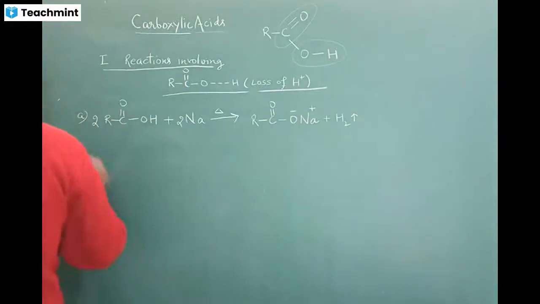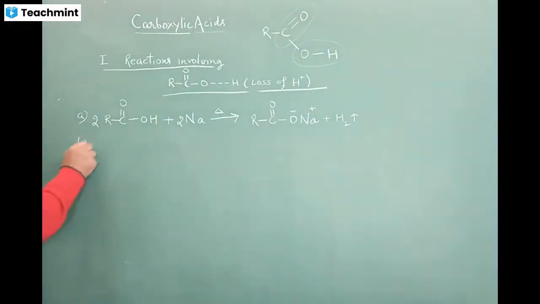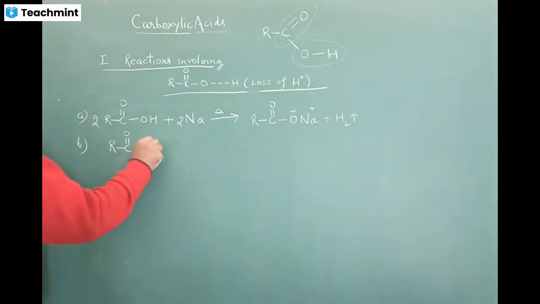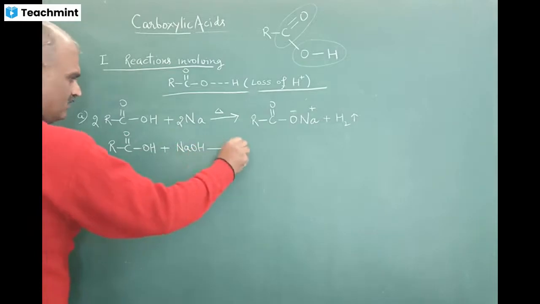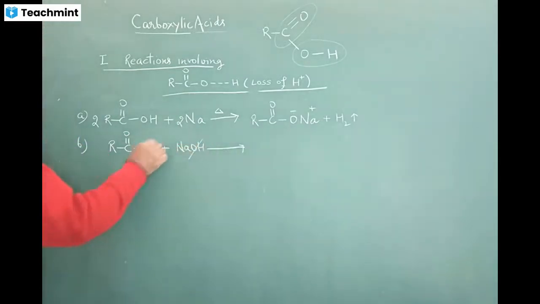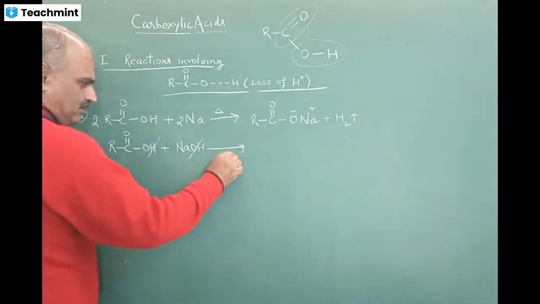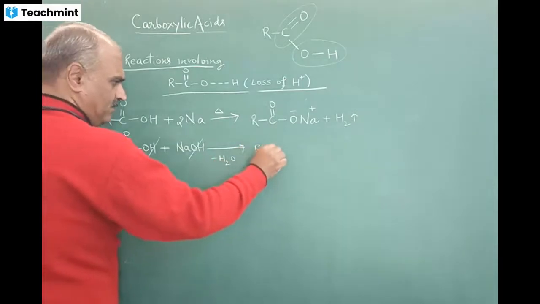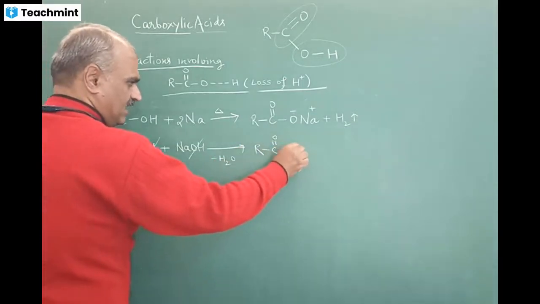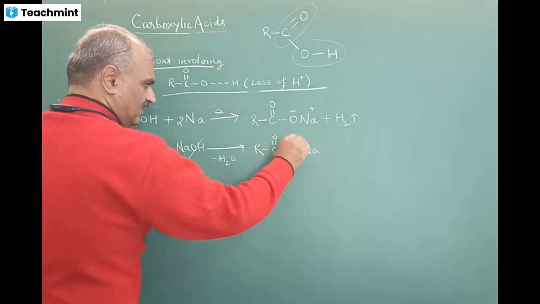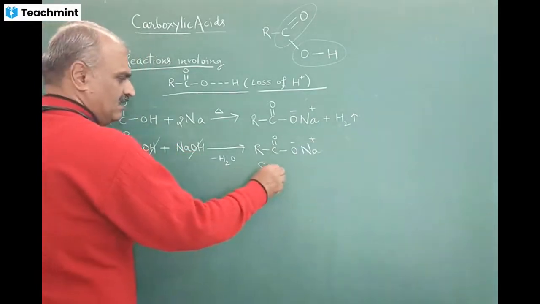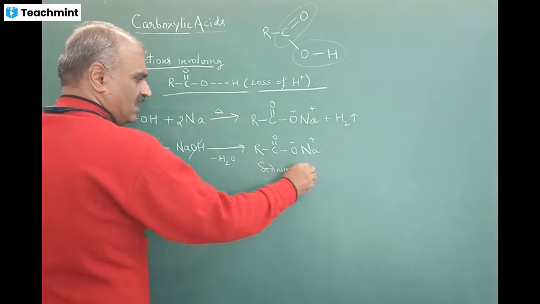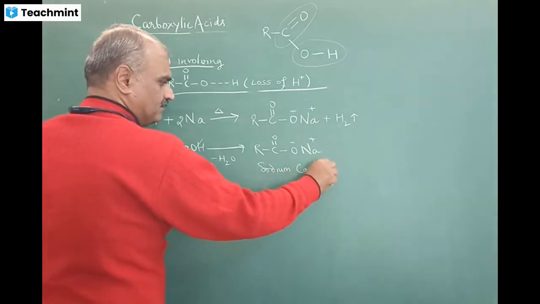Then the second reaction: if we take carboxylic acid along with a base NaOH, you know, base gives OH negative, acid gives H plus, loss of water takes place and salt is formed. Again we get the salt RCOONa, called sodium carboxylate.